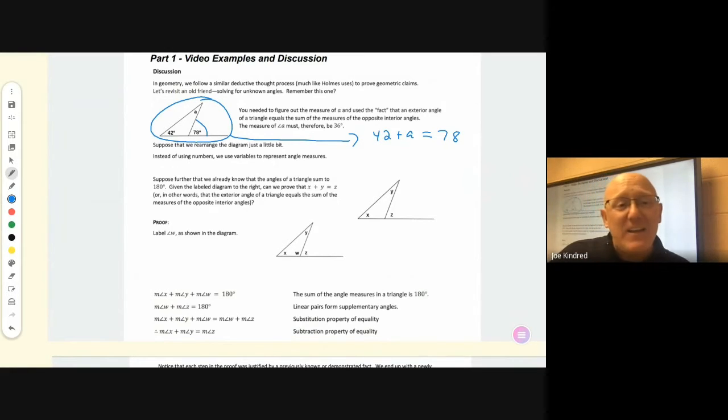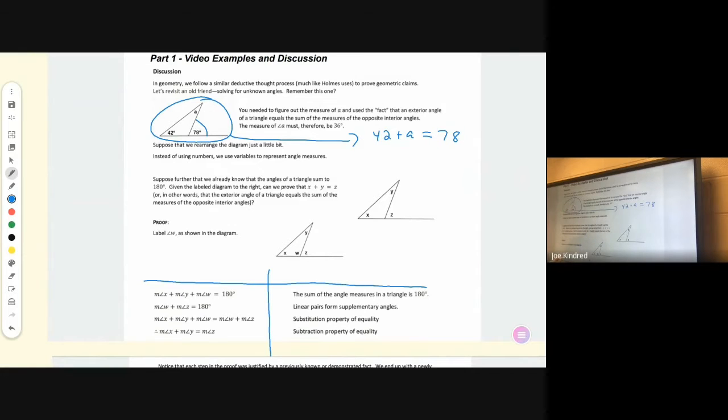And so what you have is provided for you with this statement and reason. What I am going to offer for you is an approach called a two-column approach to proving things. And given the fact that they've given us a look at what the statements would be, and then the corresponding reasons, for example, statement number 1: the measure of X plus Y plus W is equal to 180.